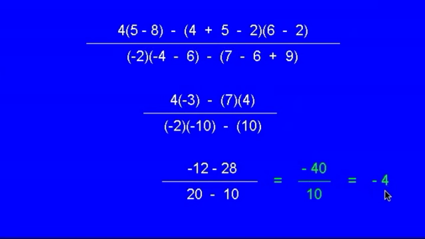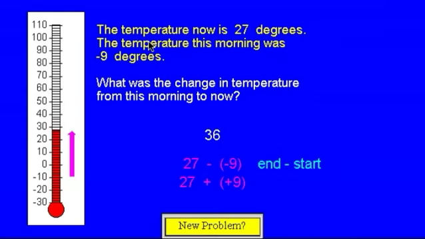For example, here the temperature now is 27 degrees. The temperature this morning was minus 9 degrees. What was the change in temperature from this morning to now? So we went from minus 9 to 27 degrees. So you can think of that as a change or distance problem, where we started to where we ended, and distance represented by the subtraction sign.